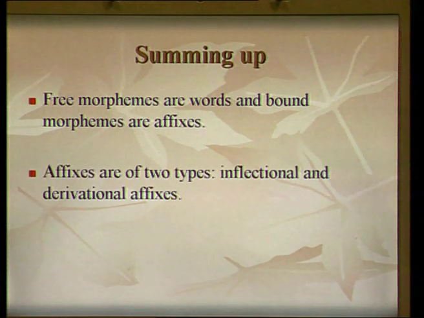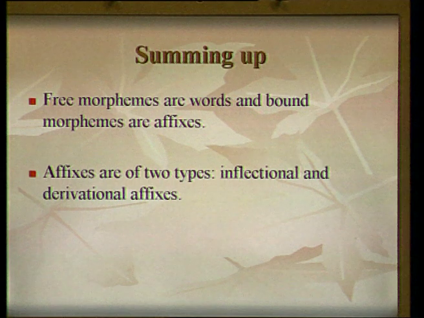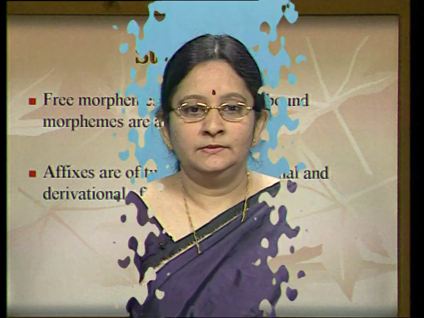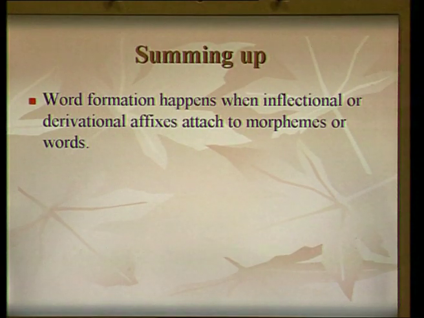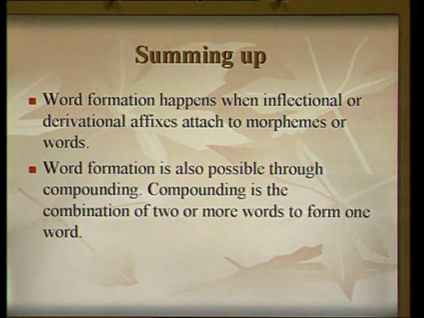Affixes are of two types, inflectional and derivational affixes. Word formation happens when inflectional or derivational affixes attach to morphemes or words. Word formation is also possible through compounding. Compounding is the combination of two or more words to form one word.